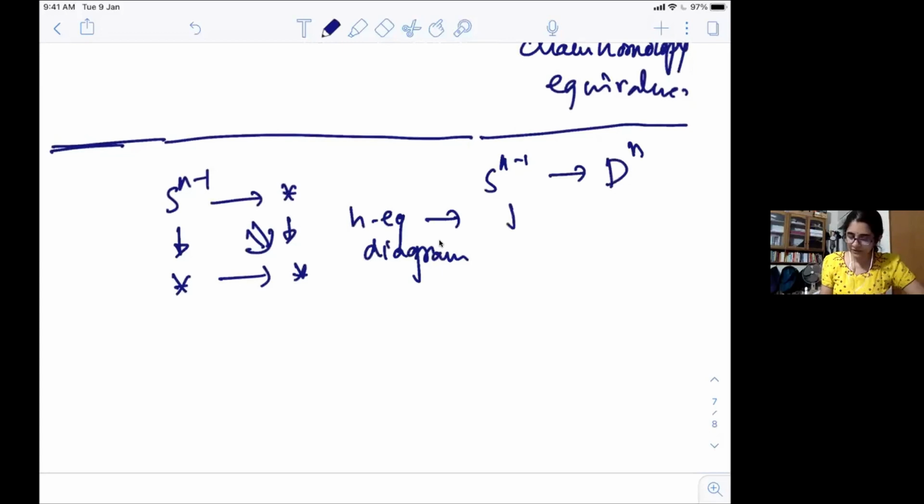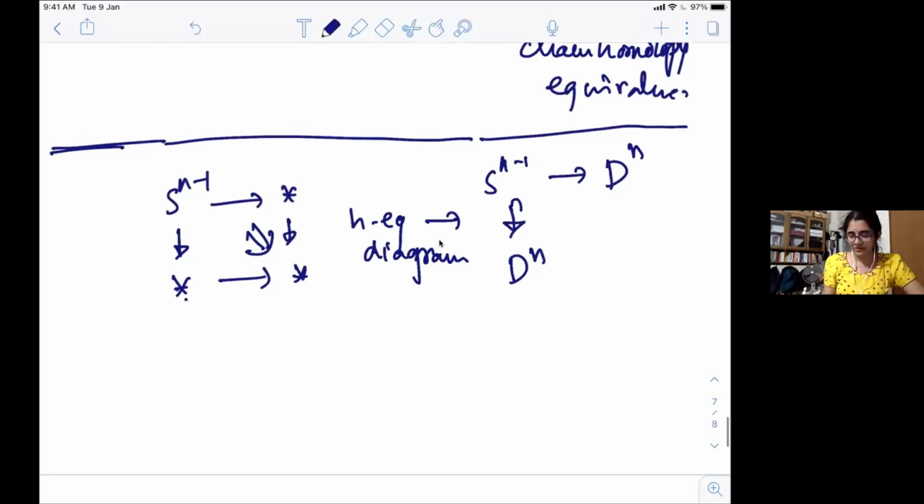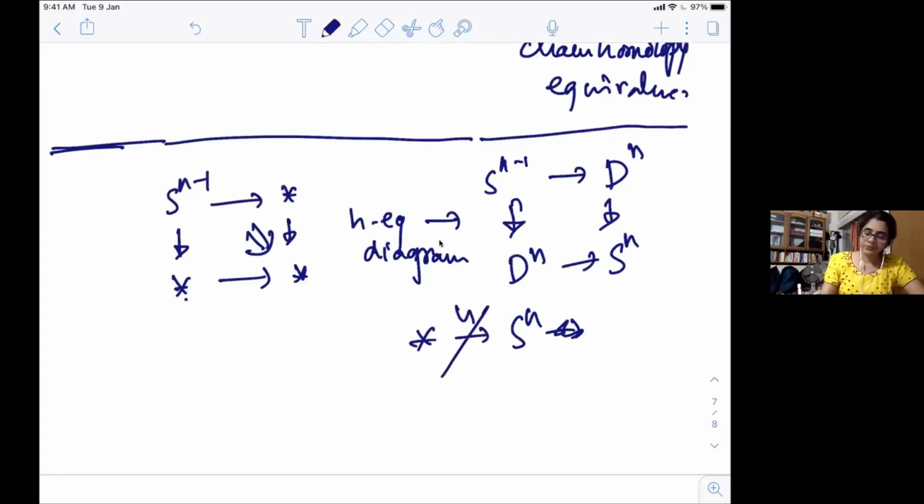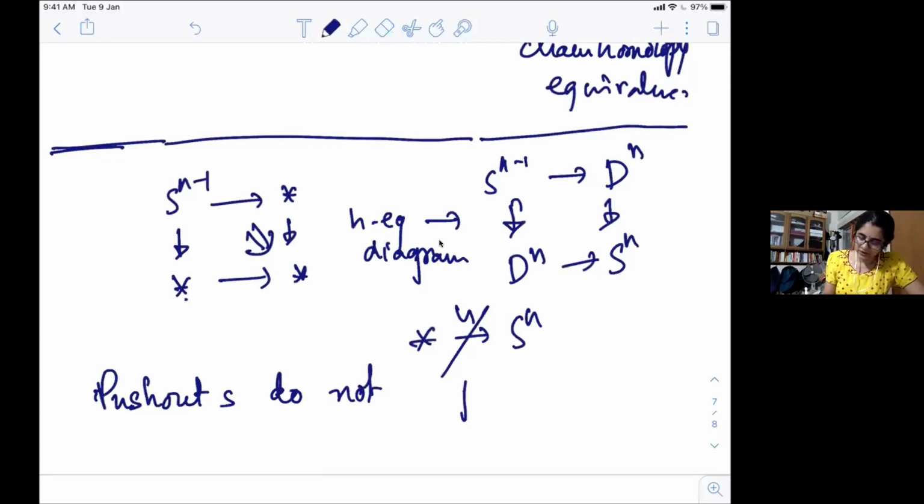This is quite the standard example, where D^n is contractible, so it is homotopy equivalent; I'm not changing anything. But when I take a push-out of this diagram, I get a sphere, and the singleton point is definitely not homotopy equivalent to this. So in general, push-outs, pullbacks, or any limits do not preserve weak equivalences of diagrams.